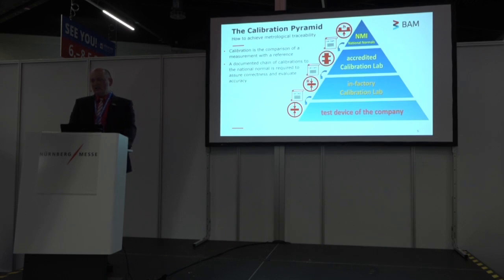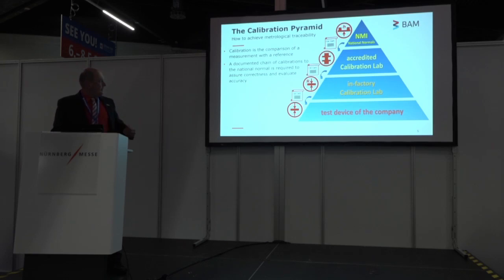This is usually done in an accredited calibration lab, which also issues a calibration certificate, and also these labs need to have traceability, and usually they are linked directly to the national normals, which are hosted in the National Metrology Institute. So these are the ones who provide the units on a national level and pass them on to the labs also in the form of a calibration certificate.